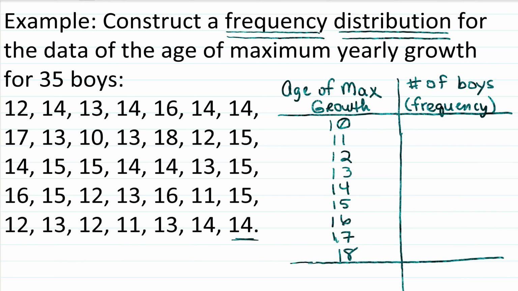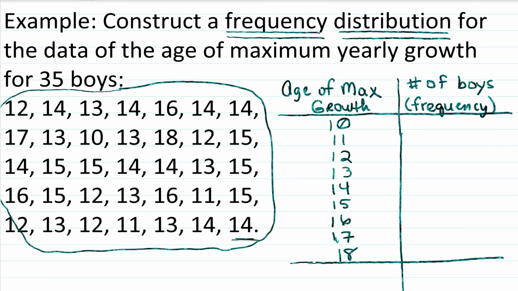So all I did was look in the data set and just look at all the ages that are represented, and then I wrote them down from 10 through 18. Now what we'll do is go back into the data set and identify their frequency, so the number of times that it occurs. So we're at 10. I only see it occurring once, so I put a 1 right there.